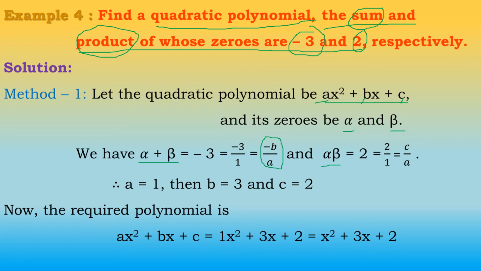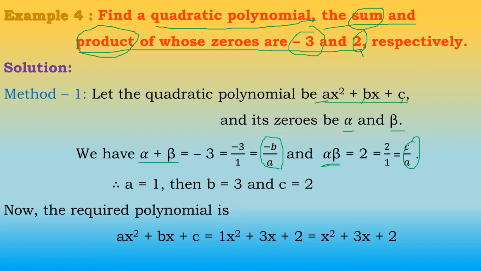What is the given product of zeros value here? 2. So alpha into beta is equal to 2. 2 can be written as 2 by 1. As we know, the product of zeros formula is c by a. So here the sum of the zeros alpha plus beta is equal to minus 3 by 1, that is equal to minus b by a.